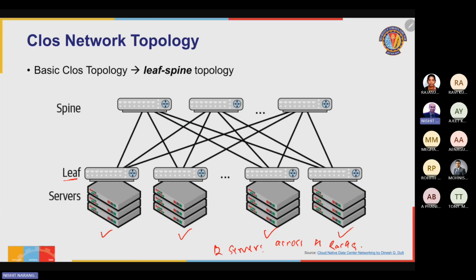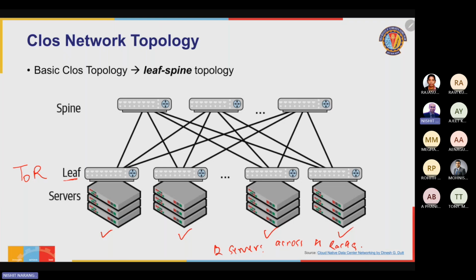Now, because this leaf switch goes in the top shelf of the rack, this leaf is also a lot of times in literature called the TOR switch. Have you come across this term? The TOR switch. The TOR is an acronym used for top of rack. Okay, so it's part of the rack itself. It's the top of the rack switch.